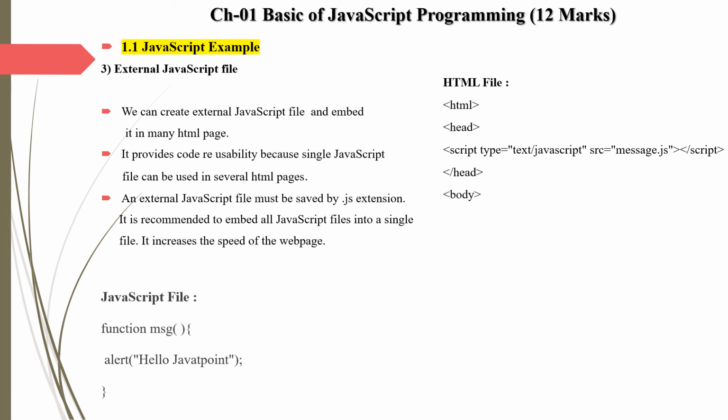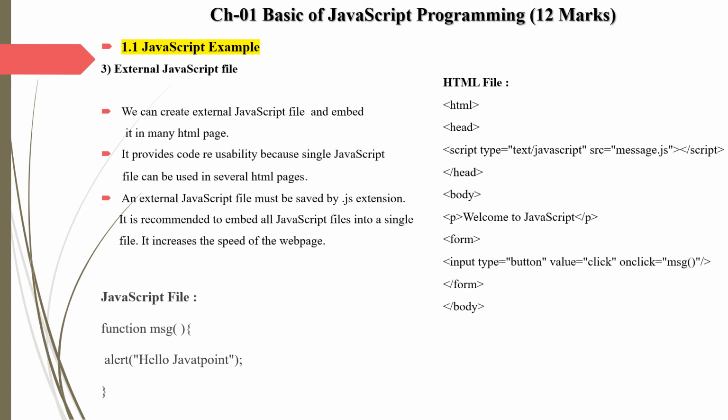Then we close the head tag, then we define the body tag, and inside the body tag we define one string, "welcome to JavaScript". Then we define one form. Inside the form, input type button means one button is created with the label click, so the value is click, and on click the message function, which is defined in the JavaScript file, is called. Then we close the form tag, then the body tag, and at last the HTML tag.